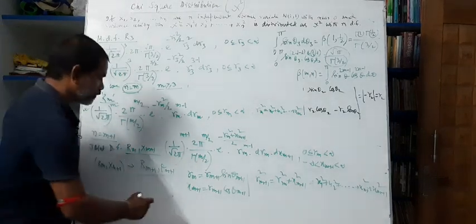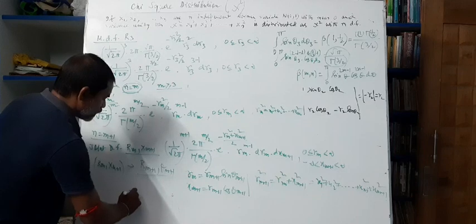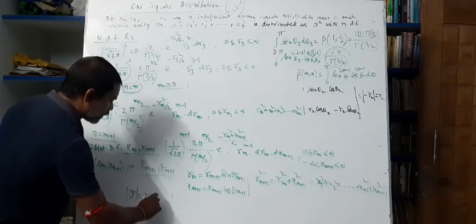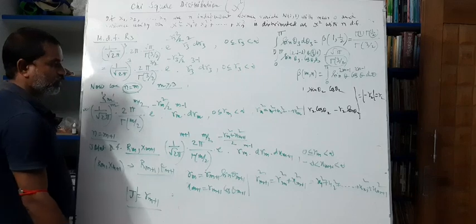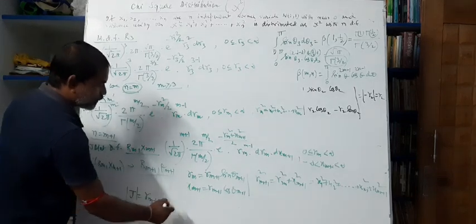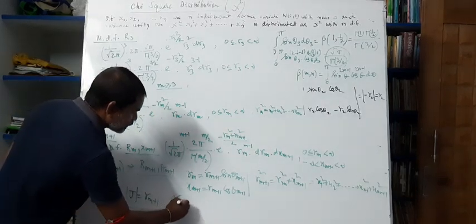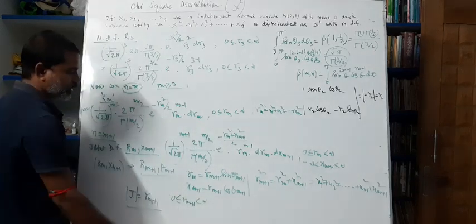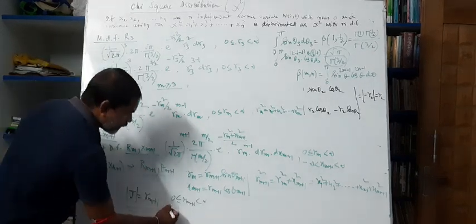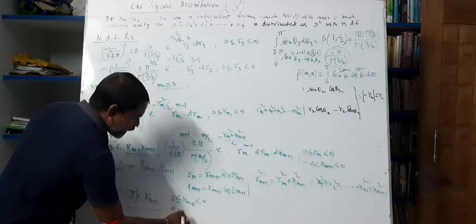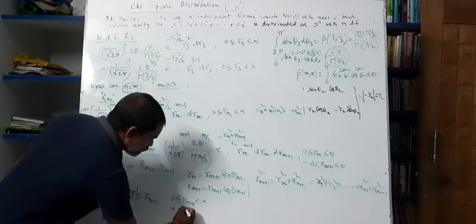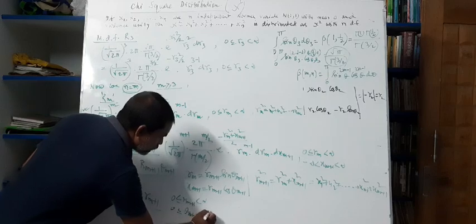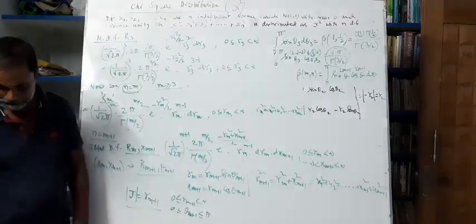Now here the Jacobian is also Rm plus 1, and the limit of Rm plus 1 is 0 less or equal to Rm plus 1 less than infinity, and the limit of theta m plus 1, as we discussed above, is 0 less or equal to theta m plus 1 less or equal to pi.